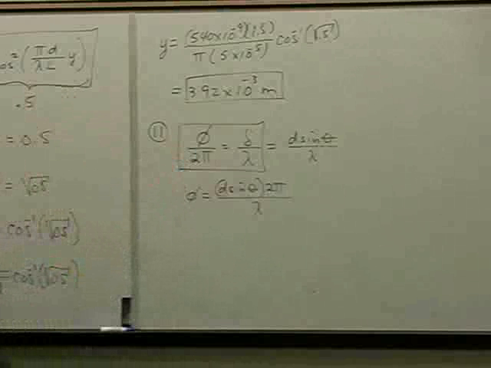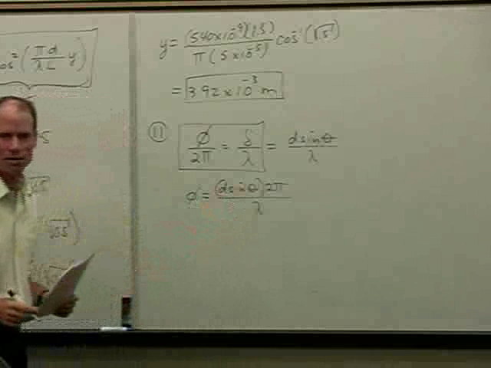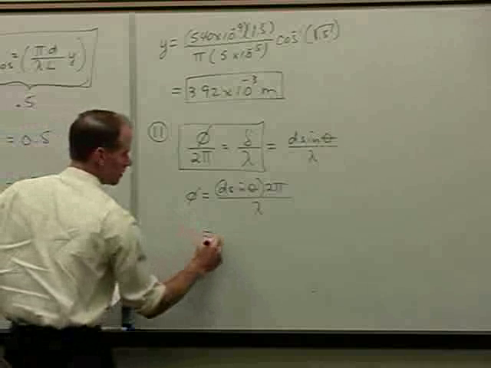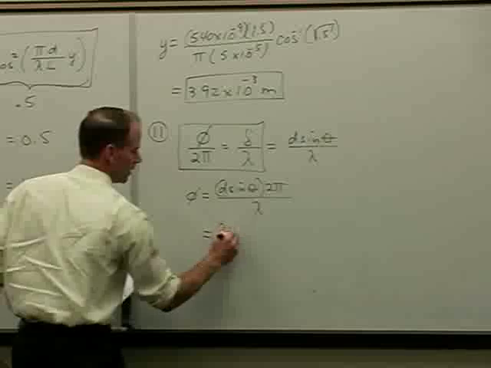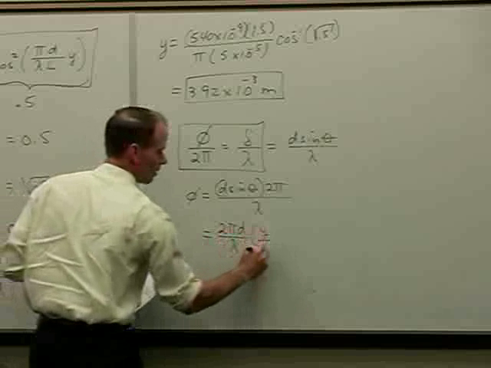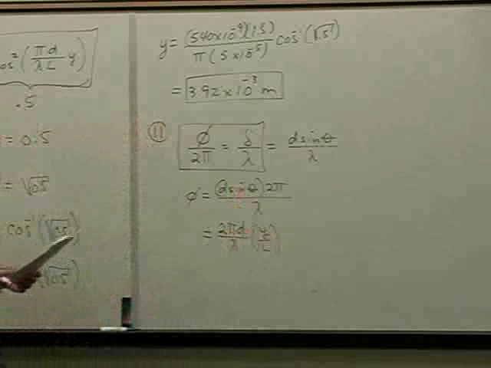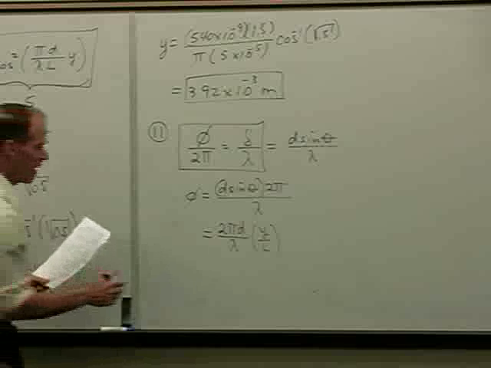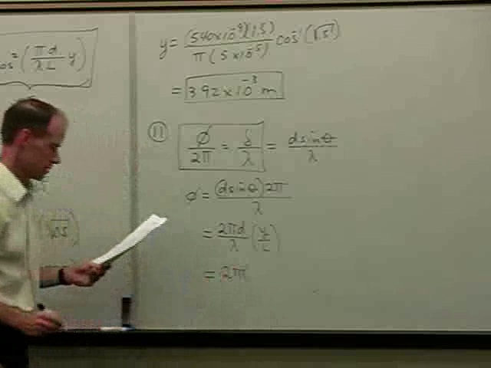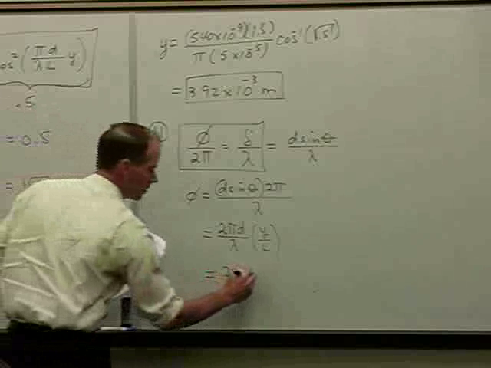Also, sine theta is, by the small angle approximation, y over L. So I could write this as 2 pi d over lambda times y over L. Substituting in the values we have in this problem, that's 2 pi, and d was given as 0.2 millimeters.